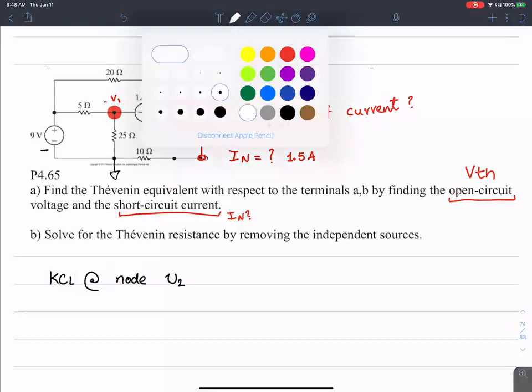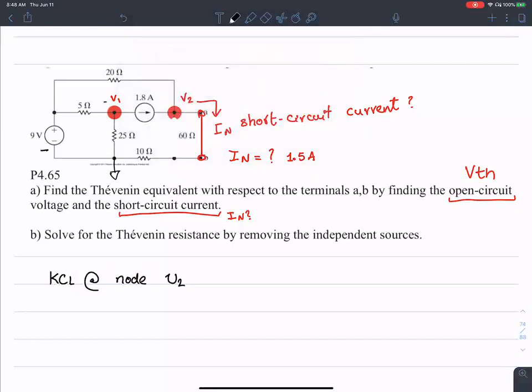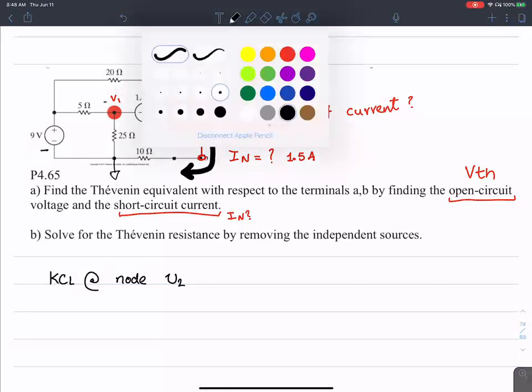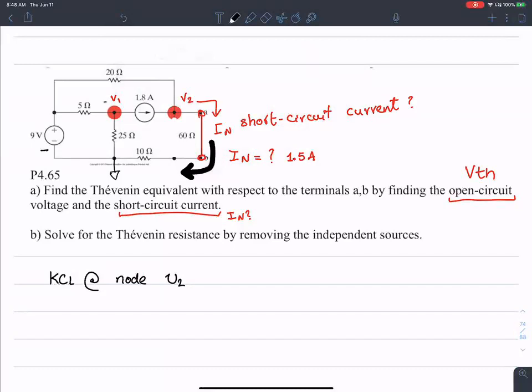So then the current flowing in this branch would be, let's say, V2 minus 0 over 10 ohms. So that's the current flowing in here.